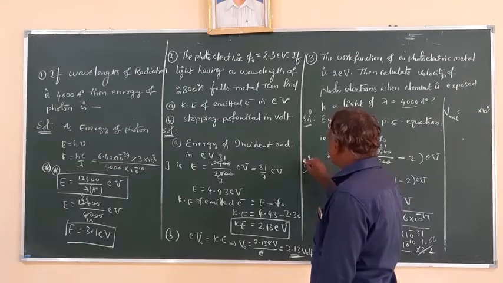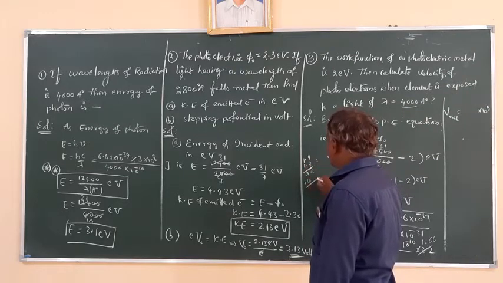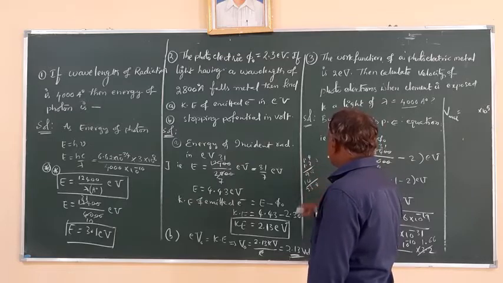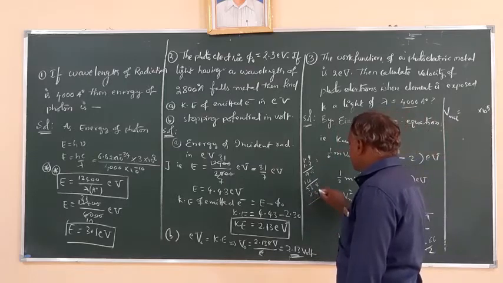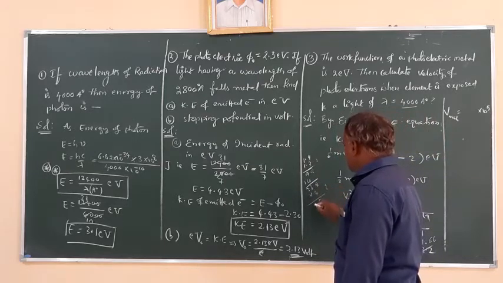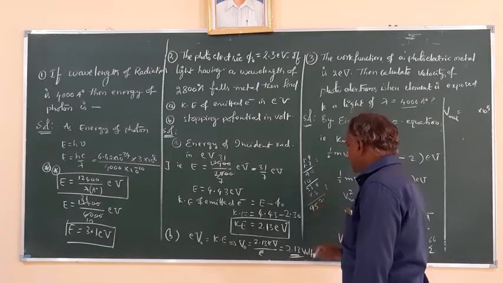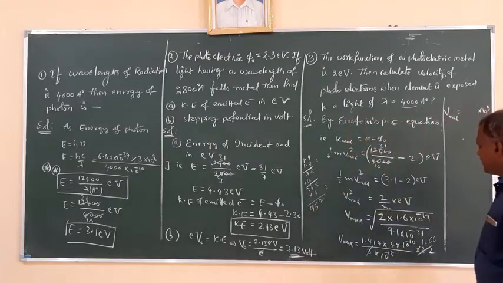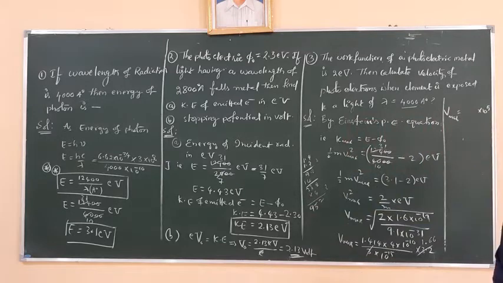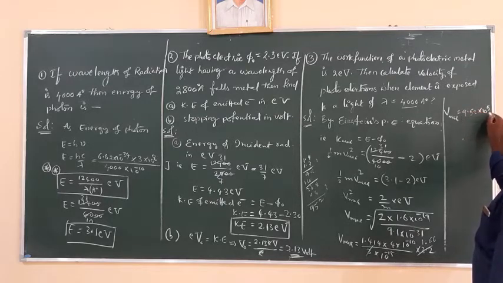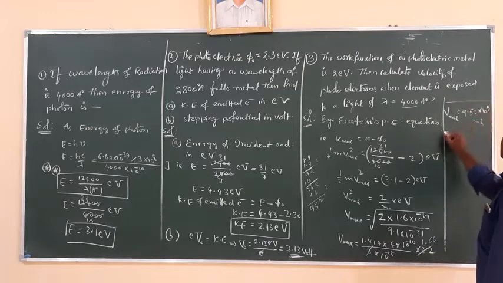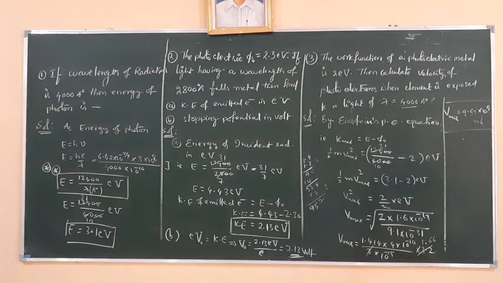It comes as 2.38, and 2.38 into 4 gives 9.52. So 9.52 into 10 power 5 meter per second. So this is how you get the value of the velocity acquired by the electrons emitted from the metal.